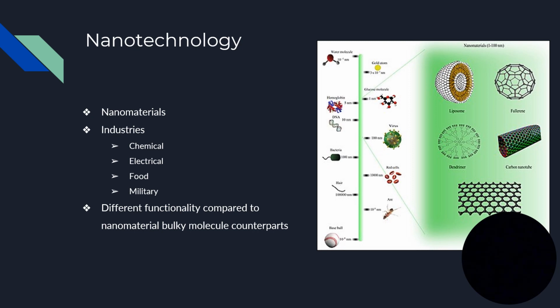Nanotechnology has several different industries and it's a very new and advanced area with the environmental sector and offers several advantages. As you can see, it has diverse application sectors including biology, biotechnology, chemistry, medicine, pharmaceuticals, food and agriculture, the environment, electronics, and several other industries, including the military.